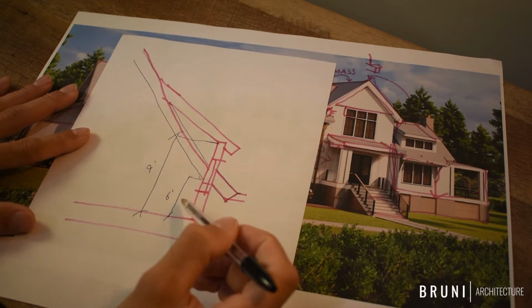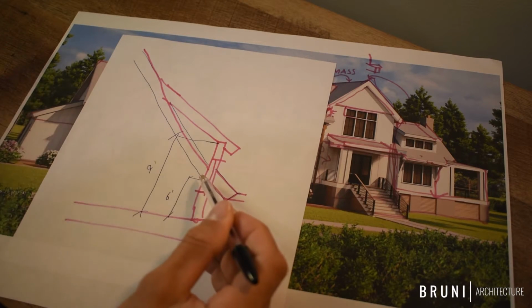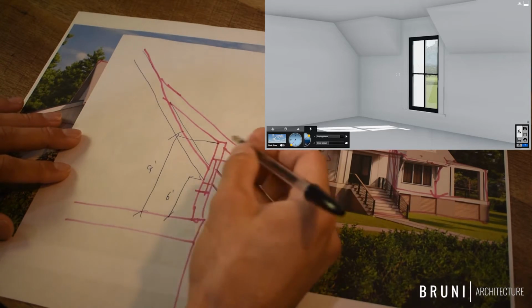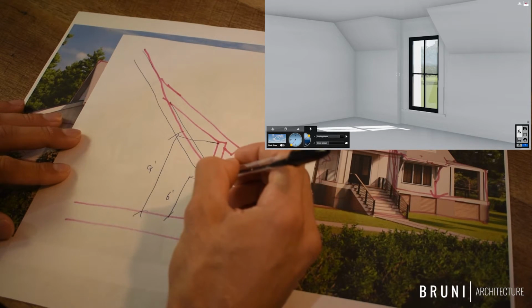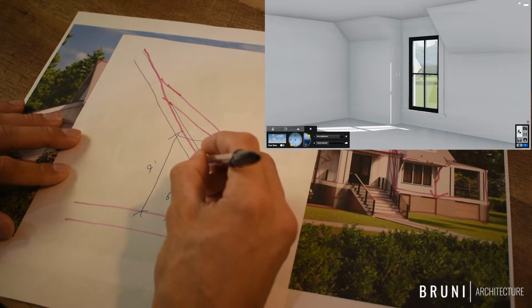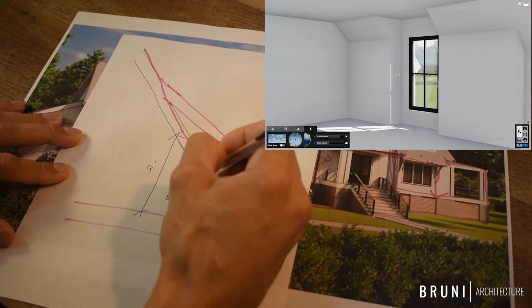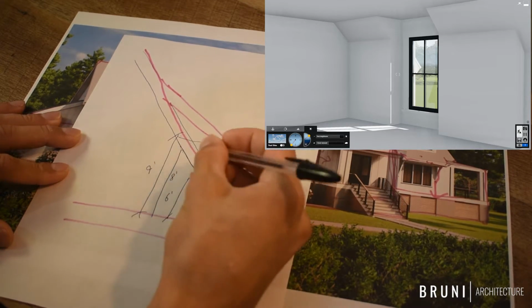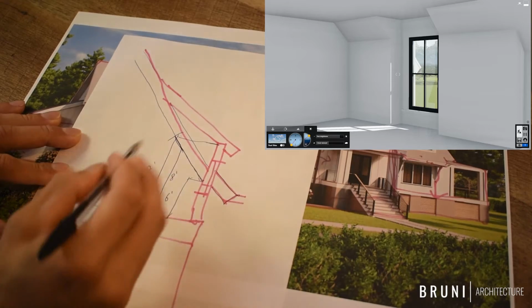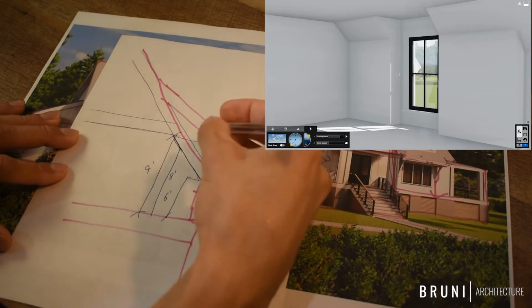The problem is people don't like this little detail where it's 6 feet, because who wants a 6-foot ceiling? So what you do is you create a knee wall, and the farther you go back on this rafter, the higher the ceiling height will be. What's typical is you do a knee wall that's about 8 feet tall, and then you have this tray piece, and then this is the actual ceiling system.